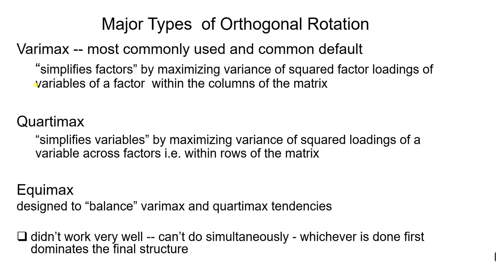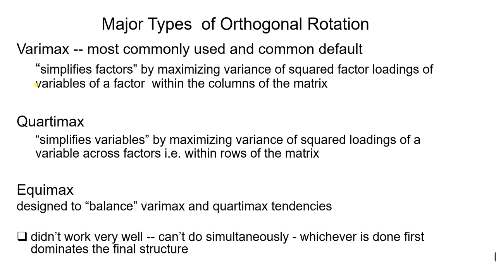So the column variance is maximized. Some variables will have high loading on one factor, and the other variables will have near zero loading. If some values are near zero and some are very high, the column variance will be high. So this obtains simple structure in terms of columns only.